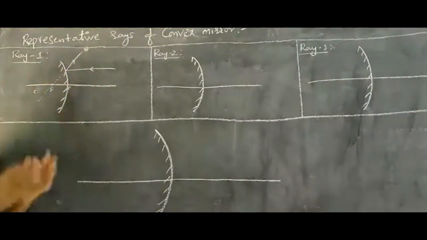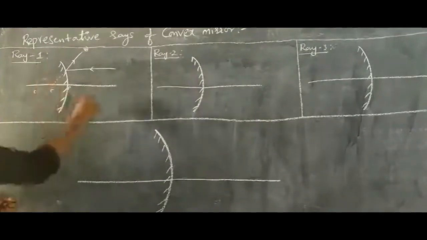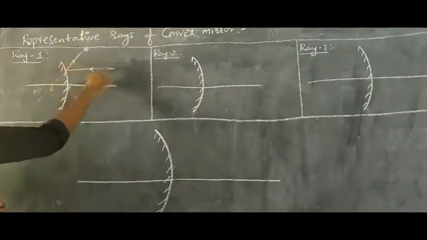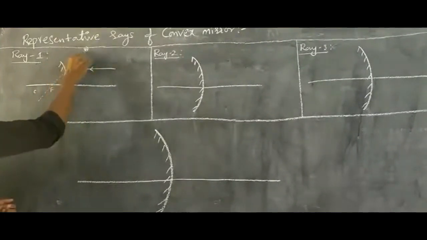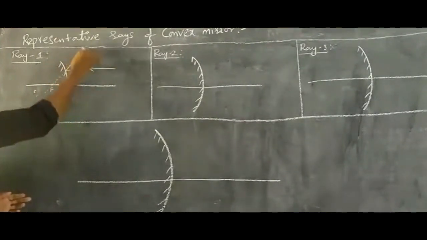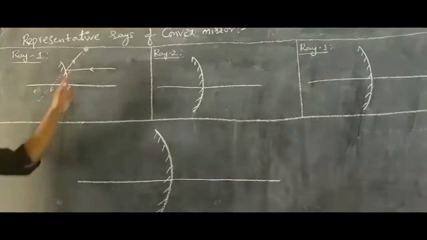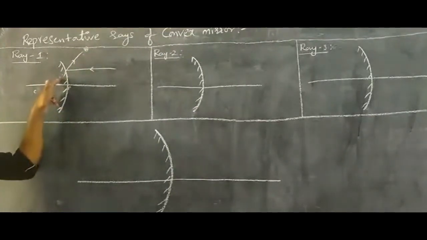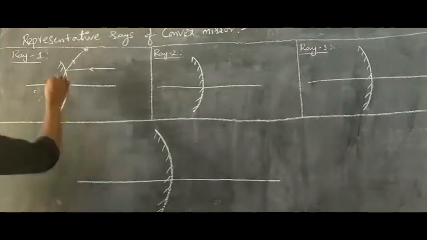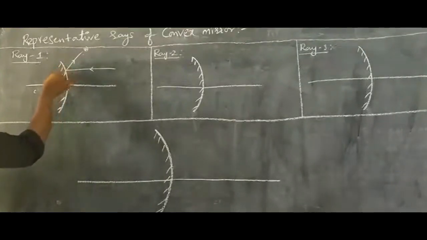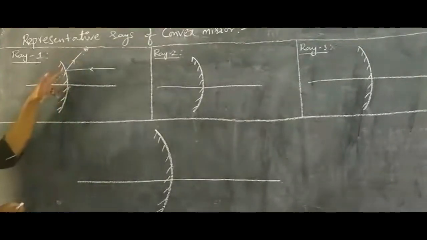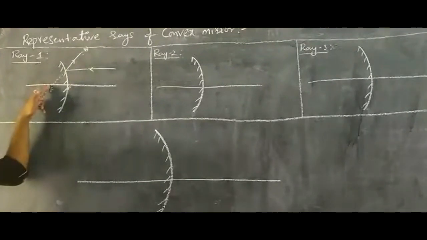Now concentrate here clearly. These are the real rays: the incident ray, and after reflection the diverged ray is also real. But this is the virtual ray. It is not real. We are just extrapolating the reflected ray, which appears to pass through the focus.